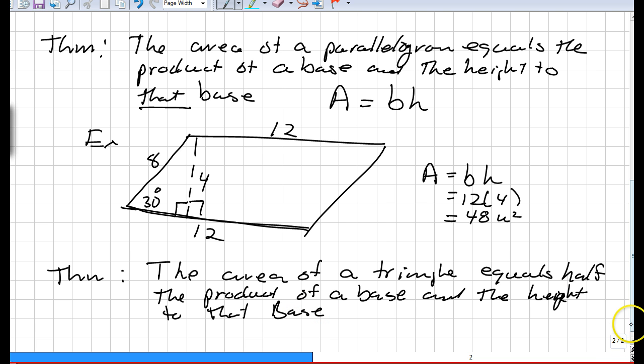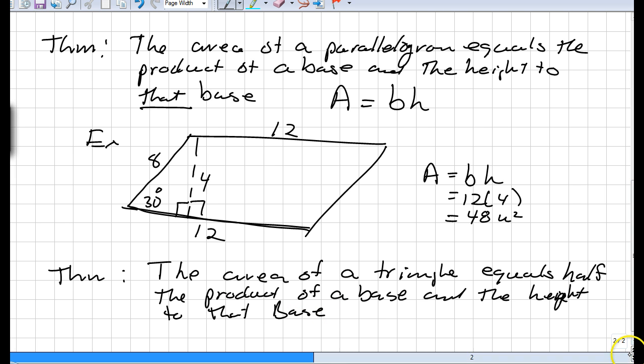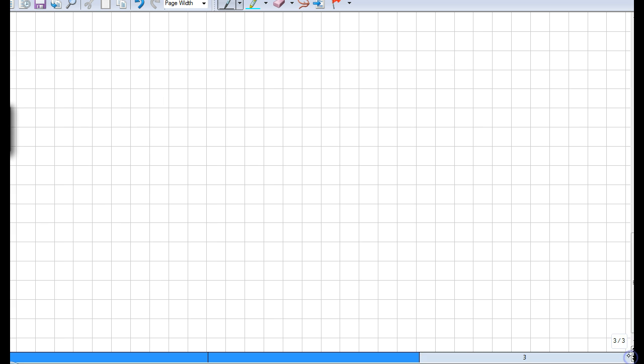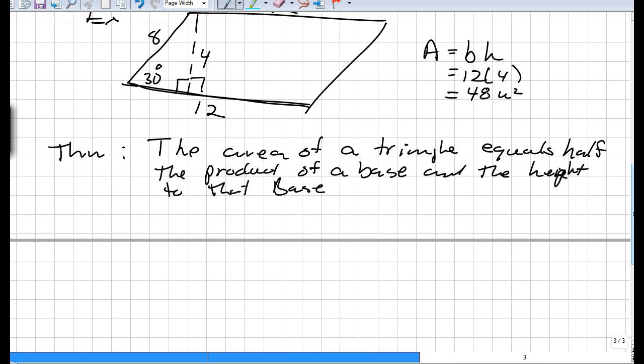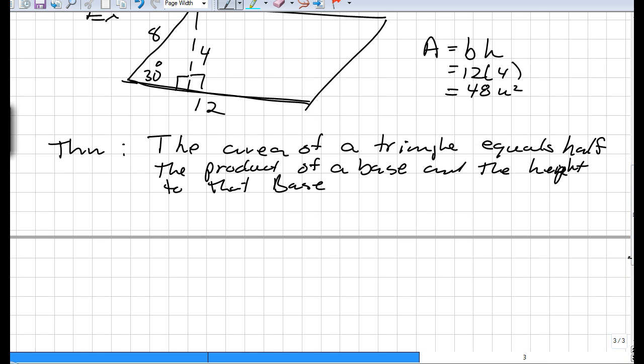Okay, and so an example of this one might be something like this.